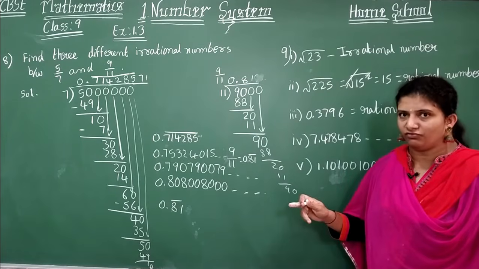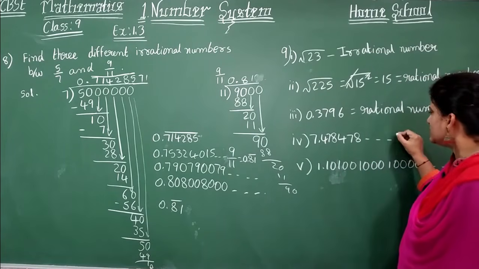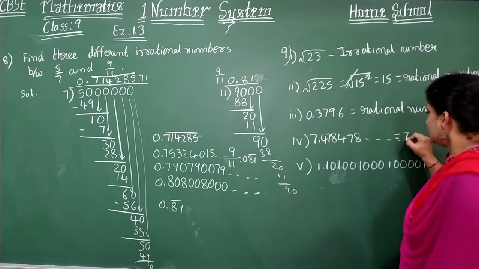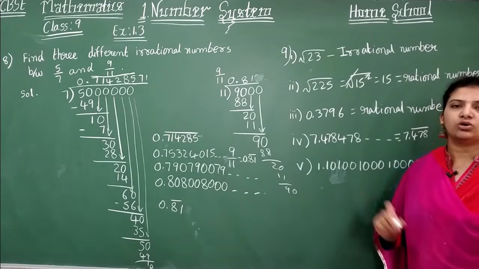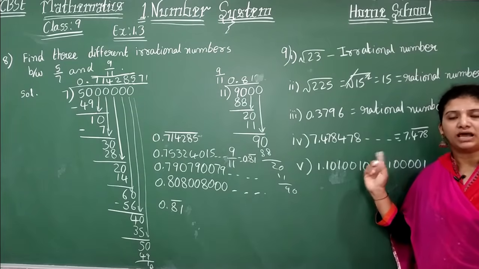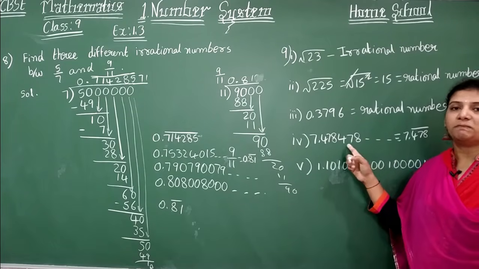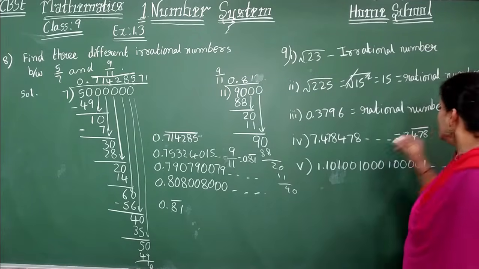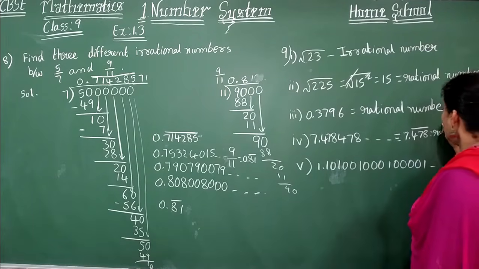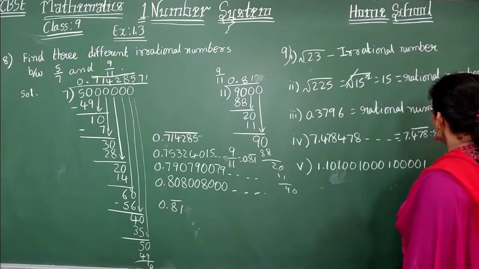We have seen before, right? So what is this one, children? You can write this as 7.478 bar. So this non-terminating and repeating decimal can be converted into rational number. So therefore it is a rational number.